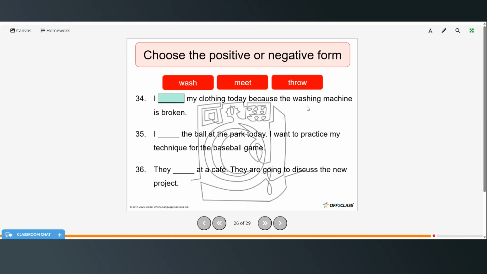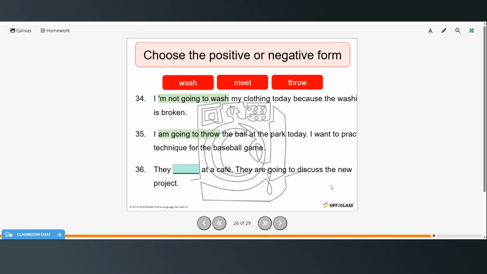Now in these, you'll be choosing either the positive or negative form, whichever one makes the most sense. So I'm not going to wash my clothing today because the washing machine is broken. I am going to throw the ball at the park today. I want to practice my technique for the baseball game. They are going to meet at a cafe.